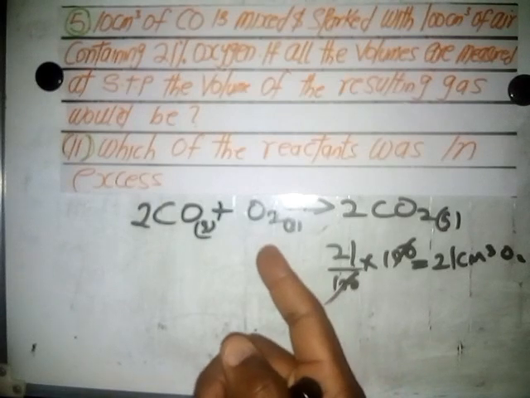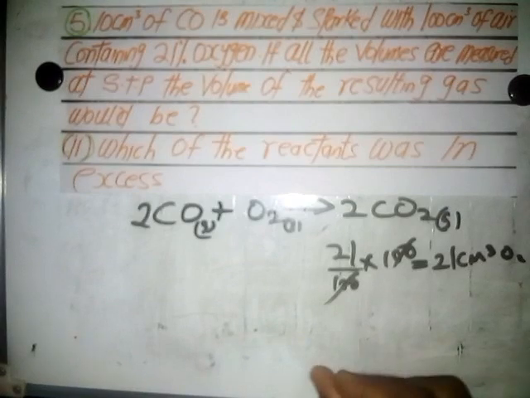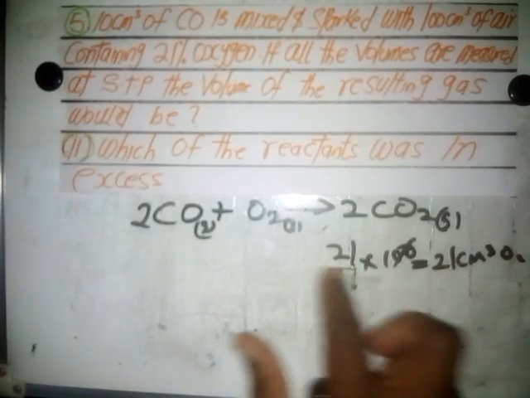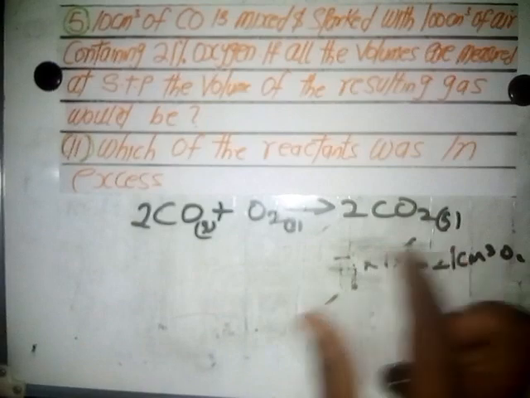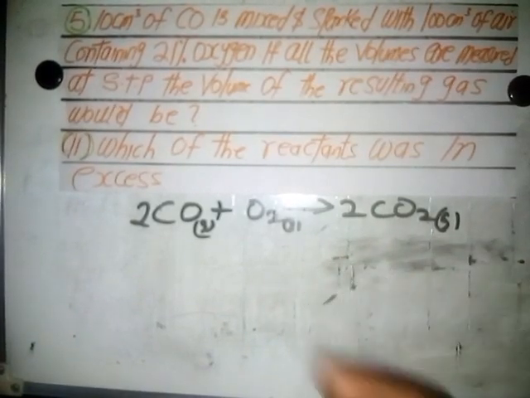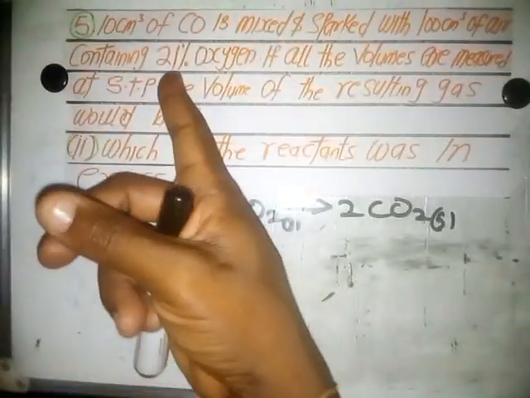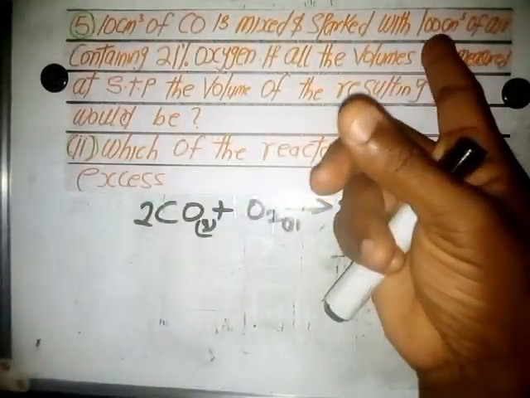So in this place now, it will be 21 cm³, because of this 21%, I just say 21 over 100 times 100 over 1.